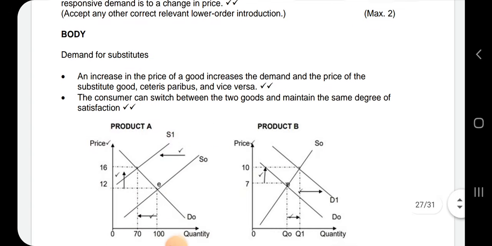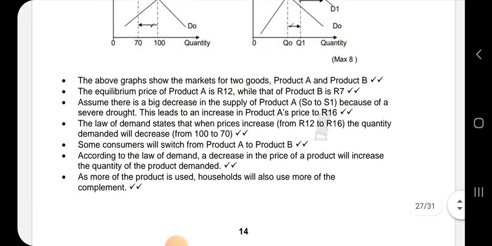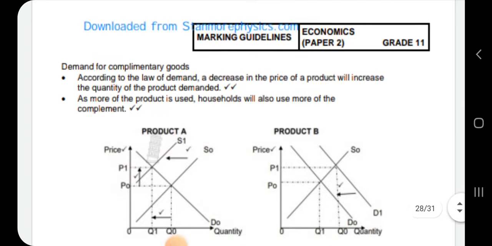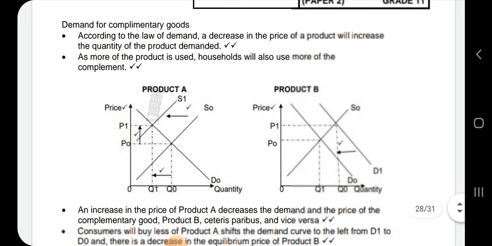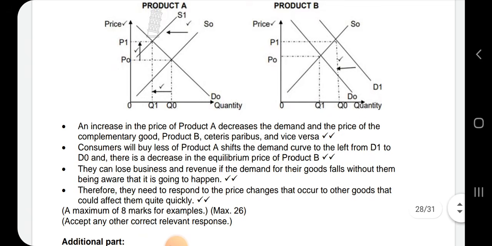And then in the body, here it talks about demand for substitutes, and then there is an aid of a graph. You draw the graphs and then you explain them. And then demand for complementary goods, we're talking about demand and supply, right? So you have demand for complementary goods and then the graph and explain it.